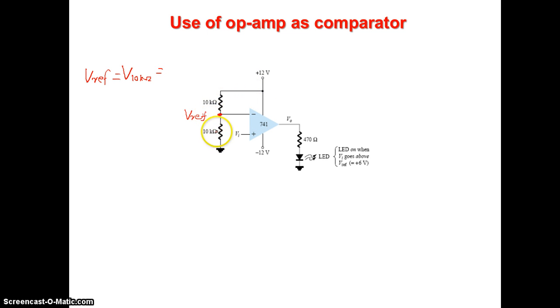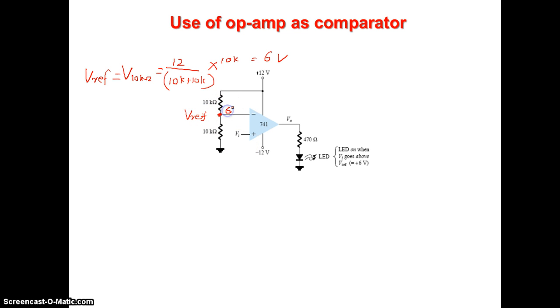What is the current in this loop? No current will flow here, only one current. So the current is 12 divided by 10k plus 10k, 20k, multiplied by the resistance, which is 10k. So it should be equal to 6 volt. So the V reference coming here is 6 volt.